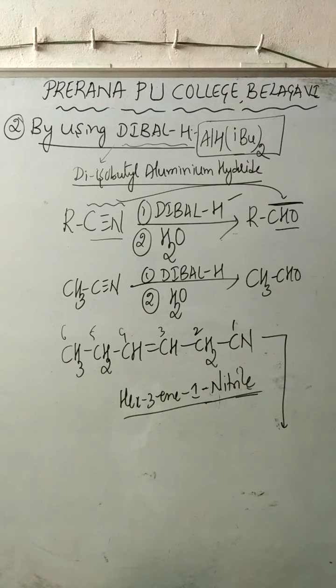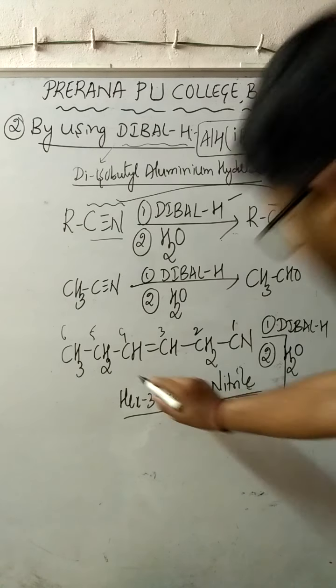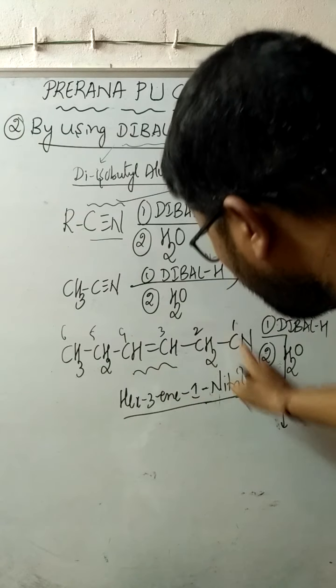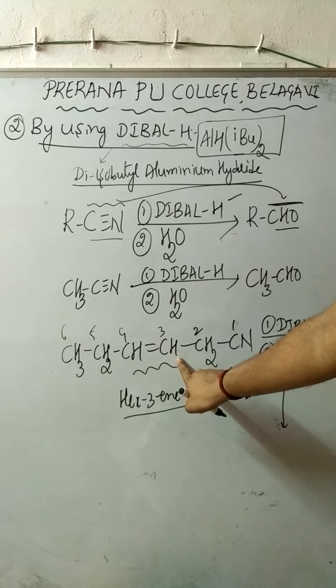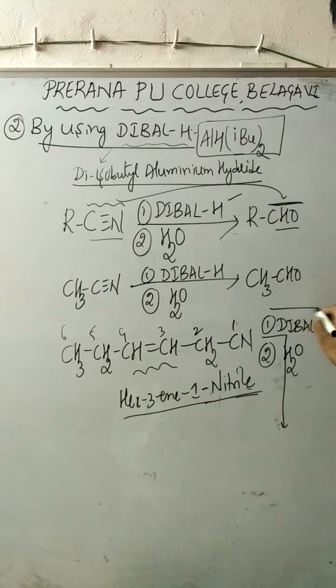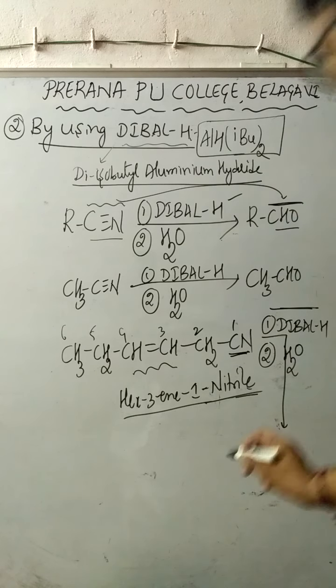When this particular compound is made to react with DIBAL-H, which upon hydrolysis, even though there is an unsaturation present in this organic compound, the unsaturation will not be affected when it is made to react with DIBAL-H. So DIBAL-H only converts this nitrile group to an aldehyde group.